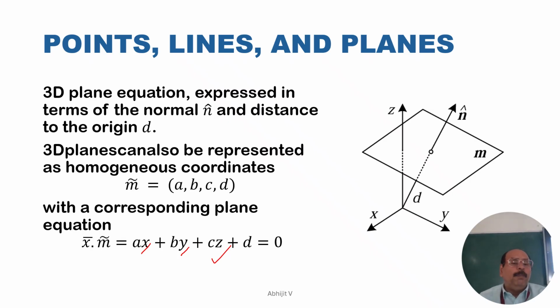Okay, a 3D plane can also be represented as homogeneous coordinates a, b, c, and d, where n is the normal to the plane. Normal is a perpendicular line from the plane to the origin. d is the distance from the origin to the plane.